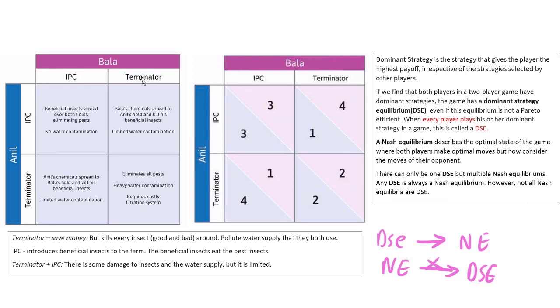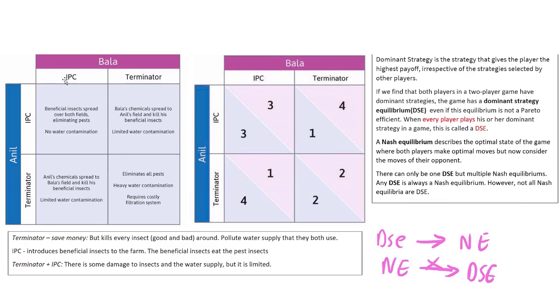And with this Terminator, if, for example, Bala uses Terminator, even if Anil uses IPC, it will still kill off Anil's good insects. Good insects would go and kill the bad insects. And one more thing, if the planter uses Terminator, it's going to pollute the water supply for both of them.